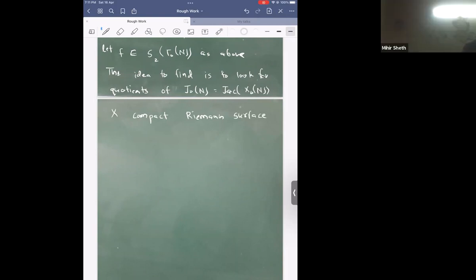Then J(X), that is the Jacobian of X, is defined as follows.